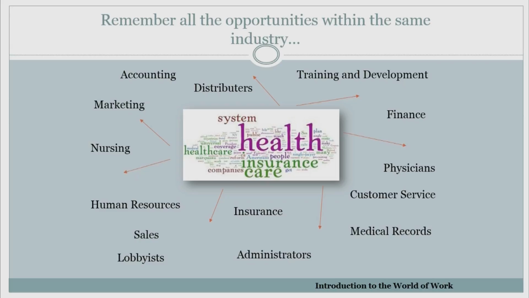Let's say your original idea was wanting to do nursing, but you want a plan B, so you want to still work in the health field. So as you can see from this slide, there's many other areas within the healthcare industry that are available to you, which is kind of exciting. There's many that are direct patient care, and then there are many that are on the business side of the industry.